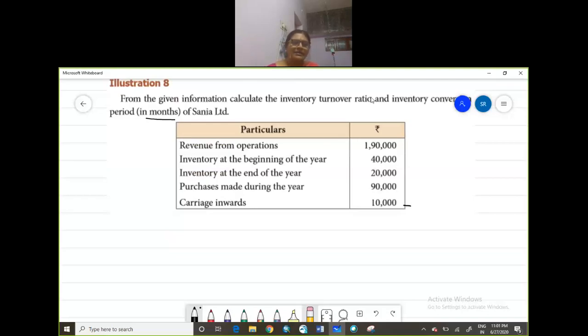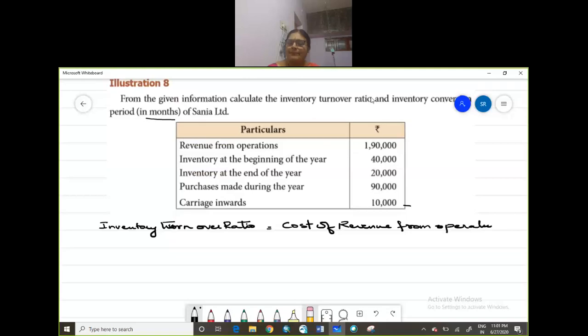Let us write the inventory turnover ratio. The formula is cost of revenue from operations divided by average inventory.